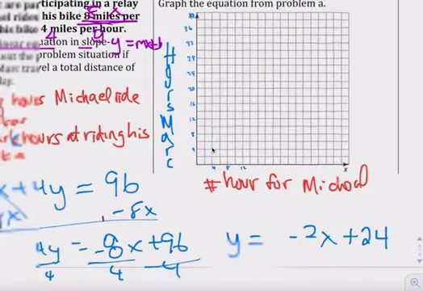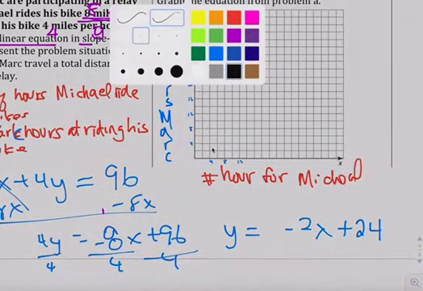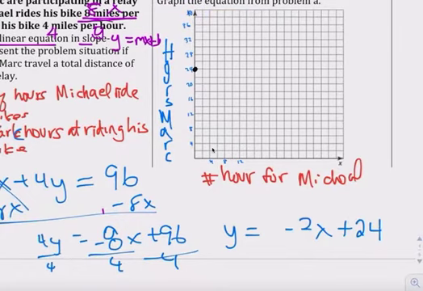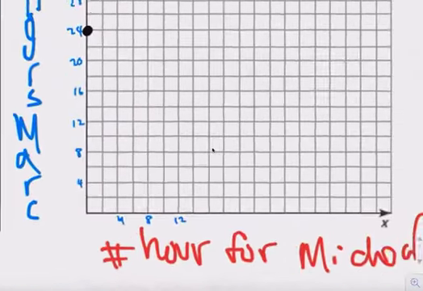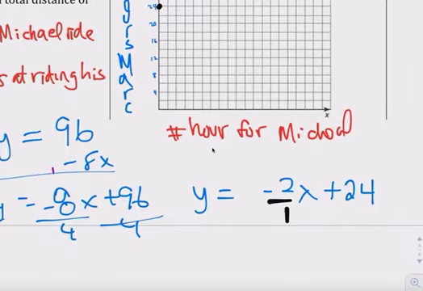Okay, so y-intercept is at 24, right here. Down 2, right 1. You know what, we're going to count by 1 this way, so it's easier. This is down 2, right 1.